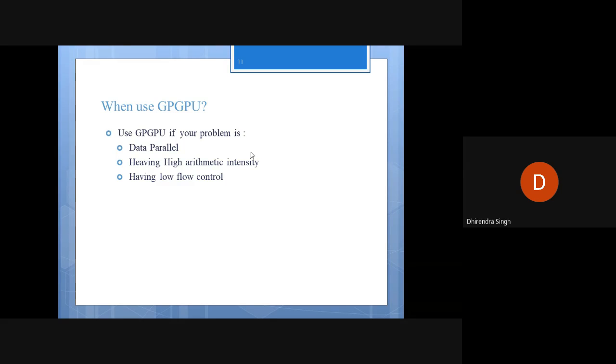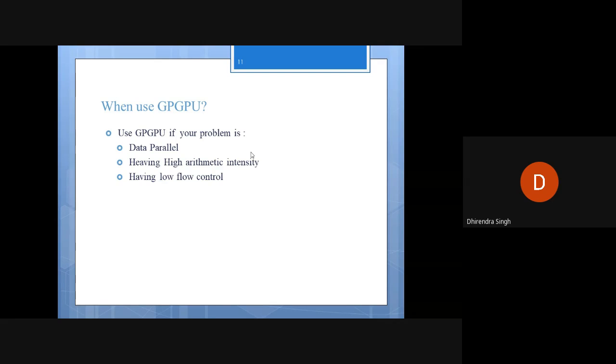So you have to keep some things in your mind, like your problem should be data parallel. What is a data parallel problem? You have a large amount of data and a set of instructions which are going to get executed on that large amount of data one by one, as if you are executing it in a serial manner.